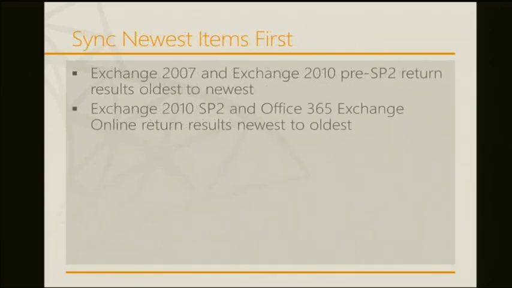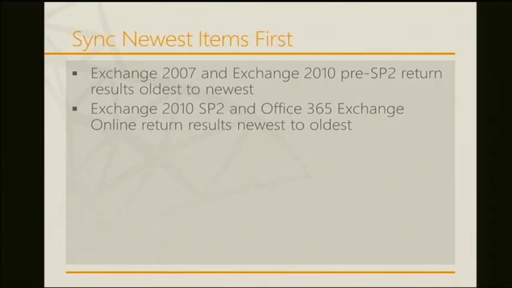Just a note here, this is really in a client scenario. A lot of clients want to sync newest items first, so we took that feedback and implemented that change in Exchange 2010 SP2, and you'll see that in Exchange Online and Office 365. But prior to that, we did oldest first. This slide actually used to have a lot more information about how you could sync newest to oldest when we were giving you results oldest to newest.